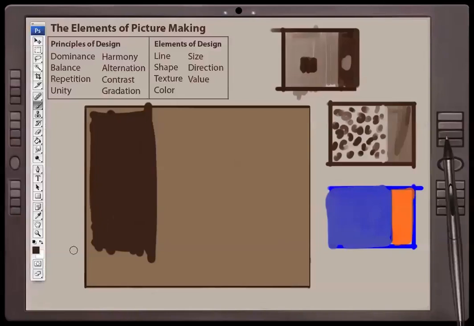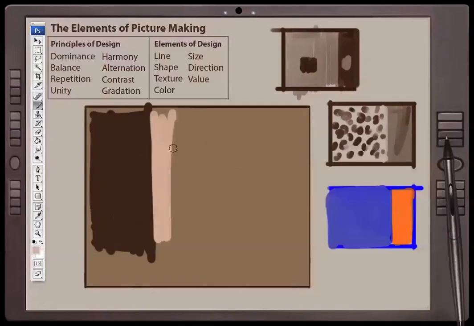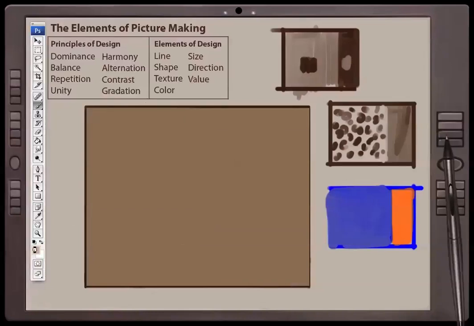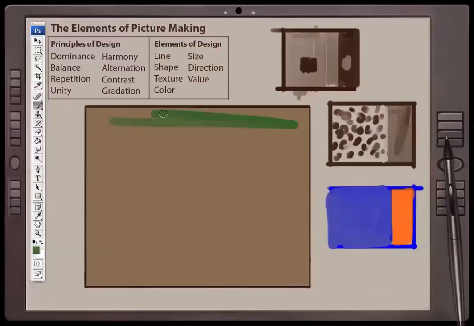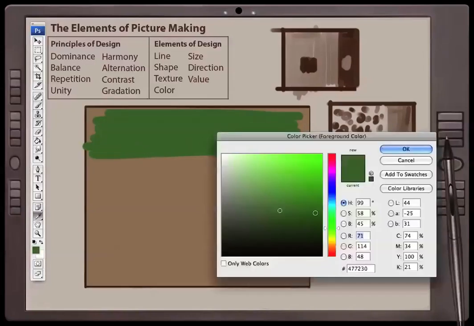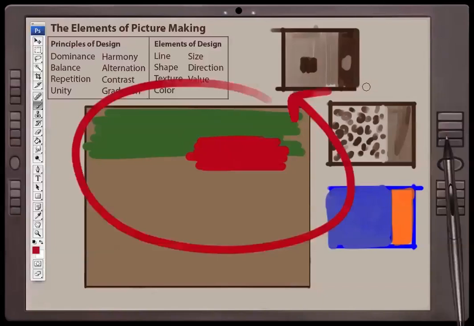Add an opposing force by adding a lighter value. You have, let's say, a green in your painting. Add an opposing color, like a red. And you see the different proportions here?